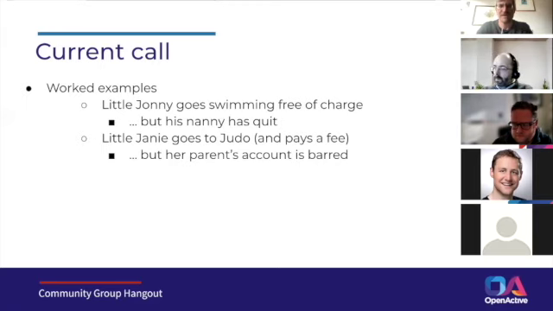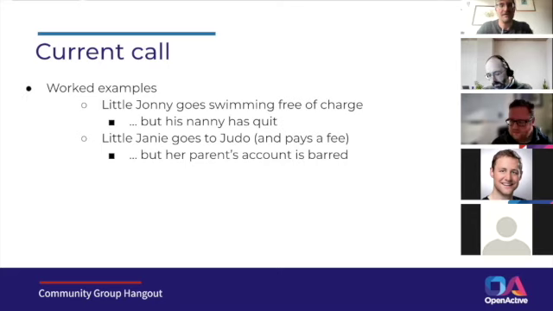Just to flesh things out and kick the tires a little bit, I've also suggested a couple of additional scenarios to consider in more detail. Supposing that he's associated with a parent or guardian who is no longer making bookings, or should not be able to make bookings on his behalf.